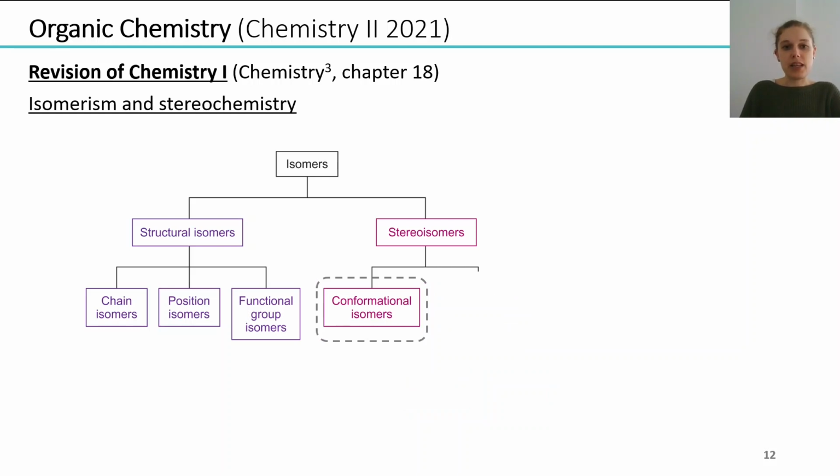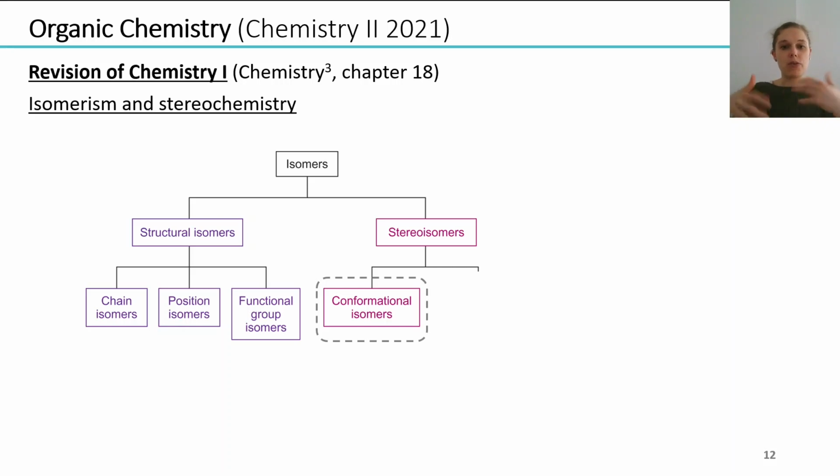And now we talk about conformational isomers. Conformational isomers means that we have rotation around the carbon-carbon bond, and the two isomers can interconvert rapidly at room temperature into each other, because for this conversion from one isomer into the other, it is not required to break a chemical bond.